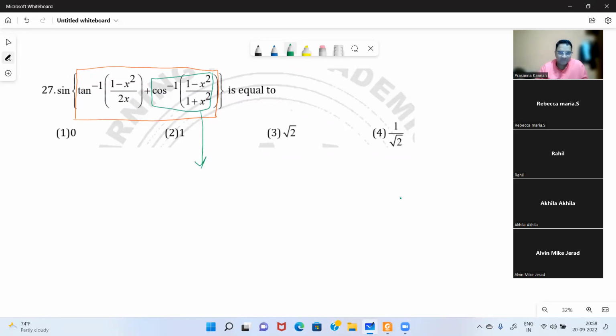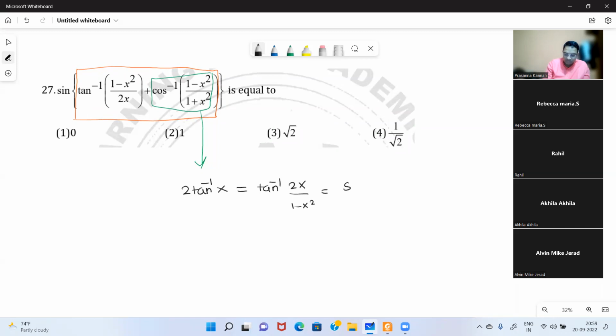What is cos inverse of 1 minus x square by 1 plus x square? It is nothing but 2 tan inverse of x. See here, 2 tan inverse of x has 3 formulas, I told you. What are they? In fact, all the applications we are seeing here. Tan inverse of 2x by 1 minus x square.